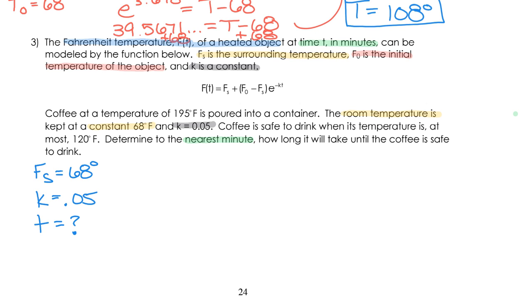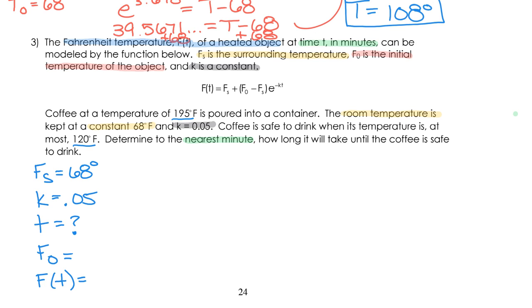Okay, so we still have F sub 0, which is the initial temperature of the object. And we still have F of t, which is the Fahrenheit temperature of the heated object. And we have 195 and we have 120. So I'm going to say that the initial temperature is the higher number.